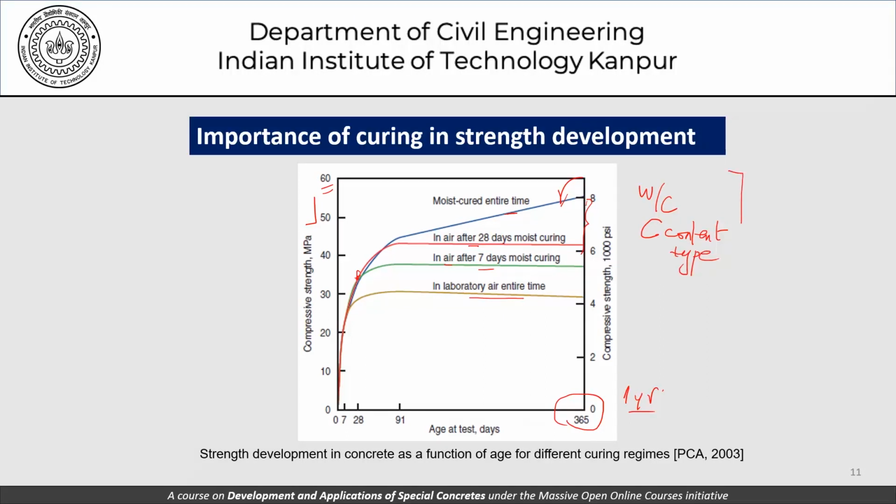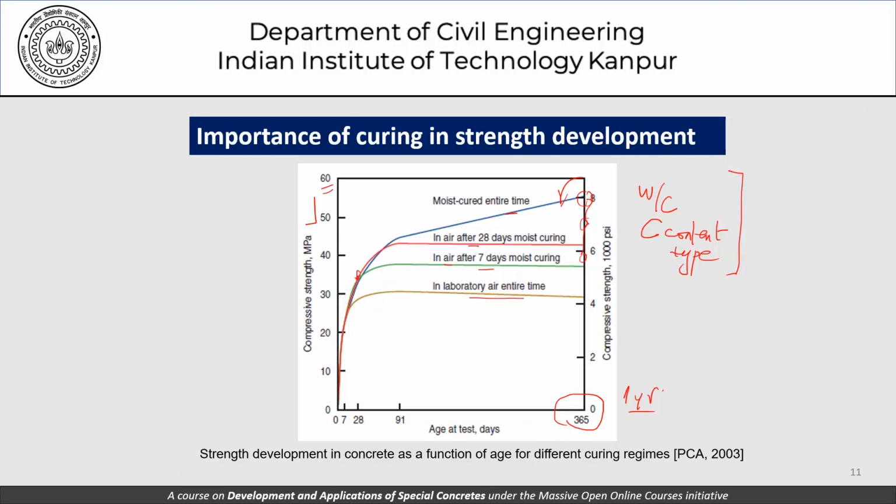I'm leaving it to you as an assignment to look for literature and try to plot this graph with different curing conditions if you can get it. Else you can at least try to do the strength development studies for different water cement ratios, different cement contents and cement types, and see for yourself how much these ultimate values differ.